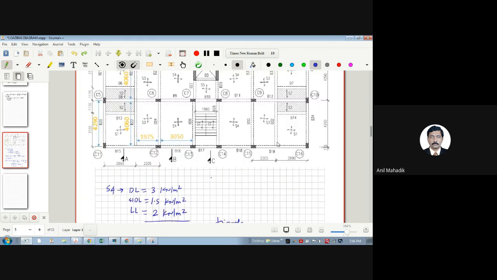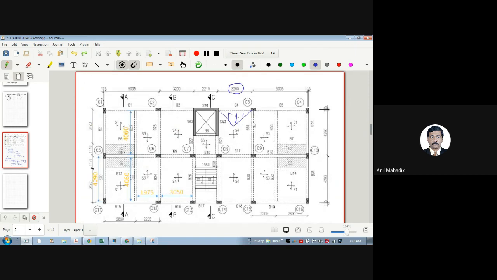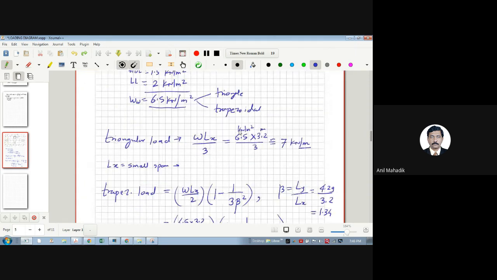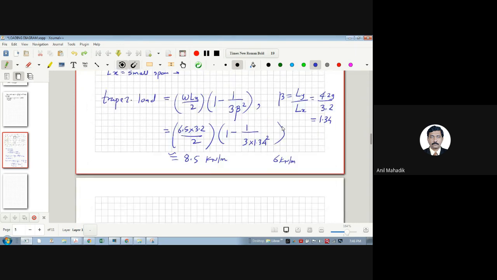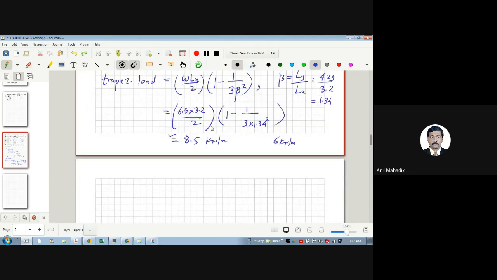Trapezoidal load is more because it has more span here. So trapezoidal load is in general more than triangular. Since 7 is coming for triangular, we need more than that. So you can find the mistake by some common sense in general. Okay, so it's 8.5, right?